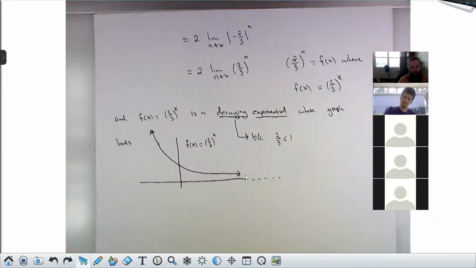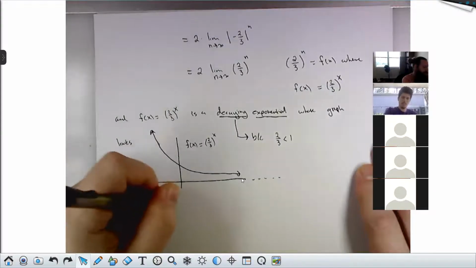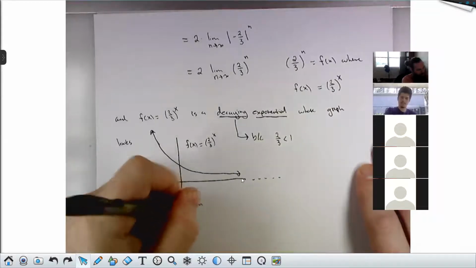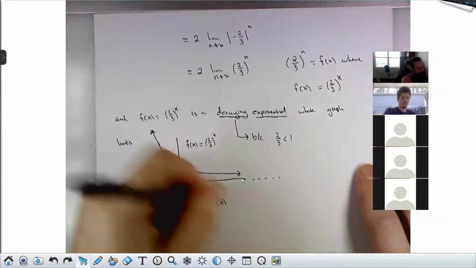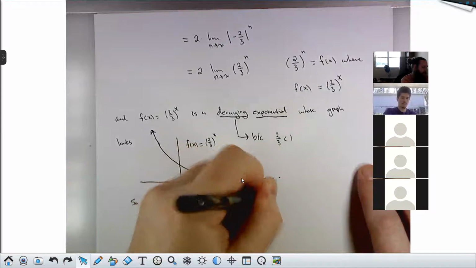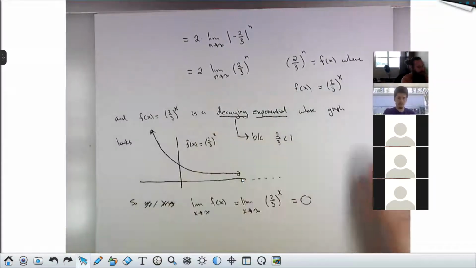So as x goes to infinity, the limit as x goes to infinity of f of x, which is the limit as x goes to infinity of 2/3 to the x, is 0.